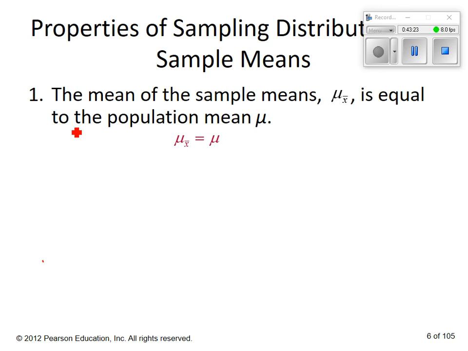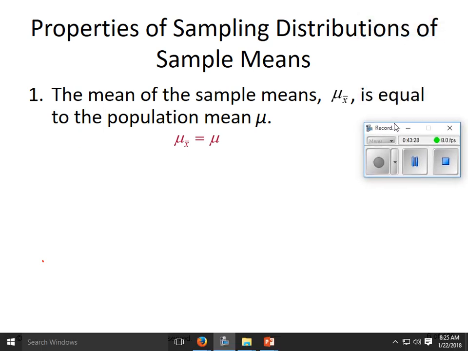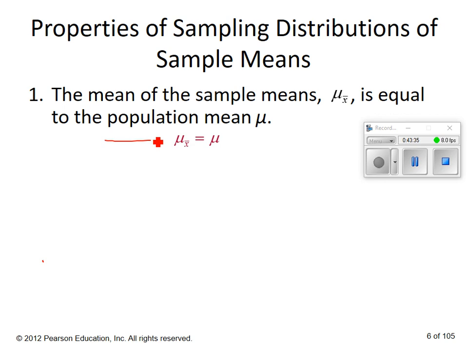Properties of the sampling distribution of the sample means. The properties. This right here, this new symbol, is mu subscript with the little x bar. That's the mean of the sample means.